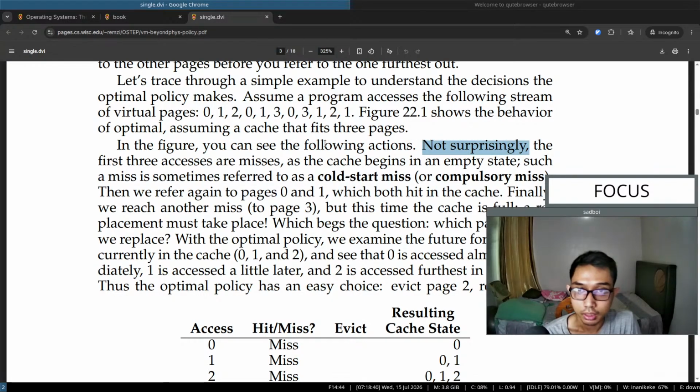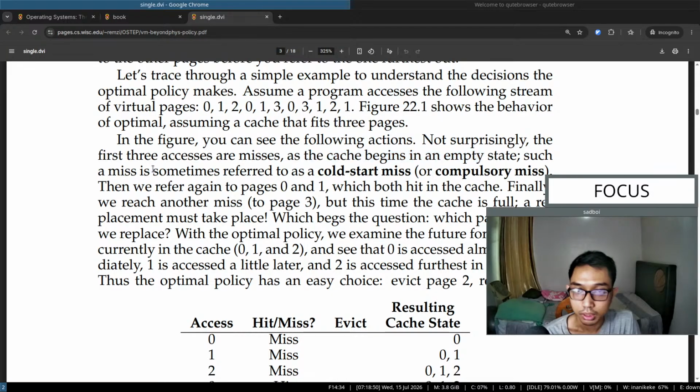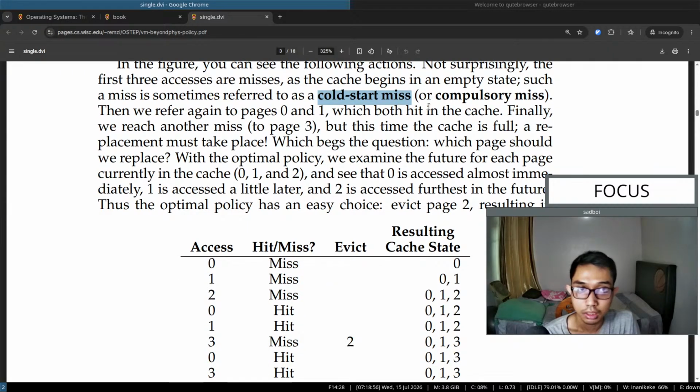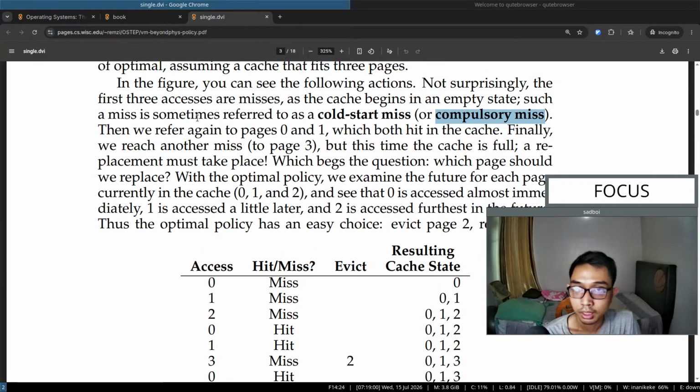Not surprisingly, the first three accesses are misses, as the cache begins in an empty state. Such a miss is sometimes referred to as a cold-start miss, or compulsory miss. Then we refer again to page 0 and 1, which both hit in the cache.